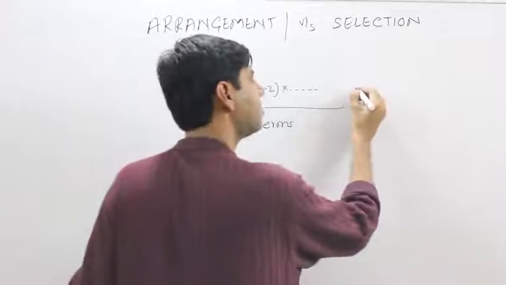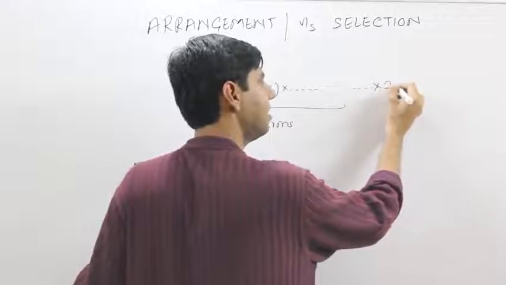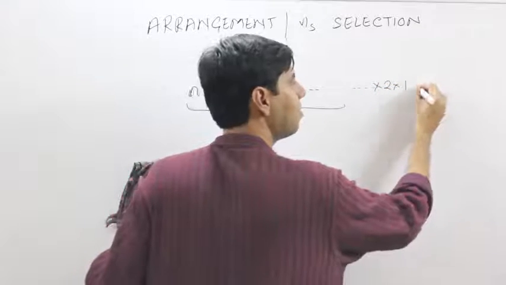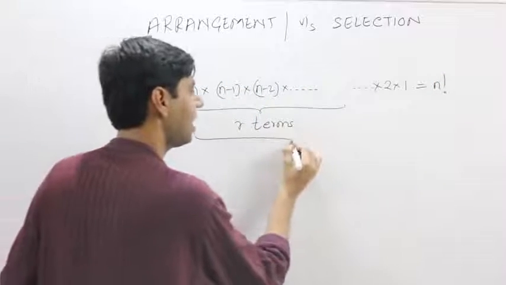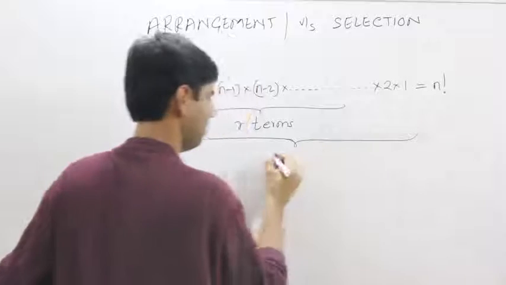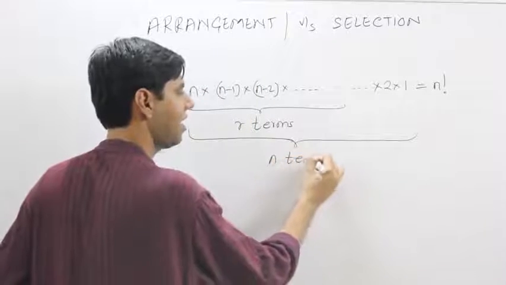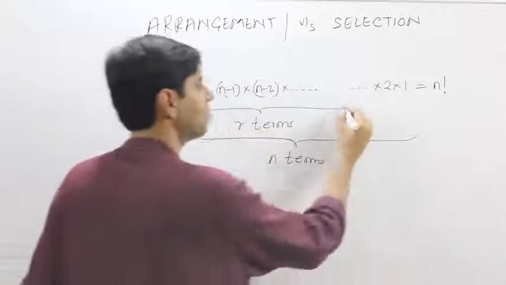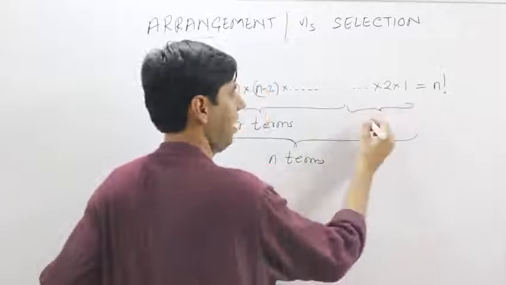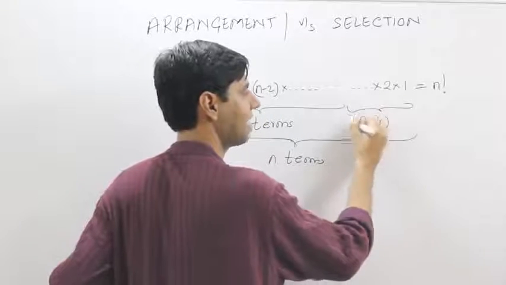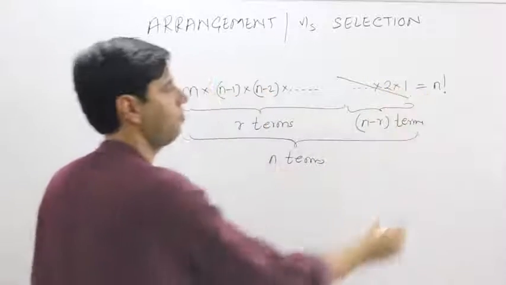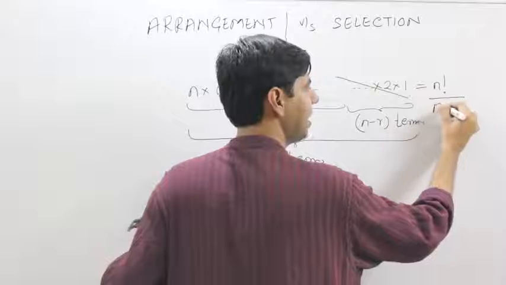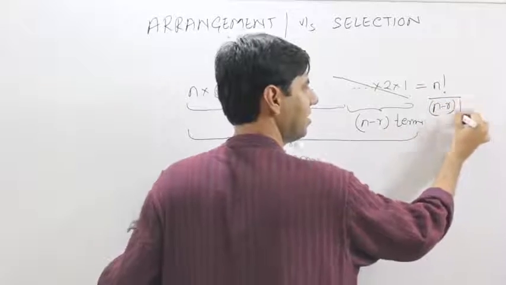If I take it to its logical conclusion till 1, I could denote this as N factorial. But then there are going to be N terms, and I require R of them. So these I do not require. How many will these be? N minus R terms. These are the ones that I do not require. So I divide it by N minus R factorial.